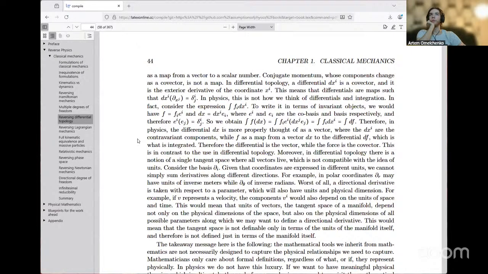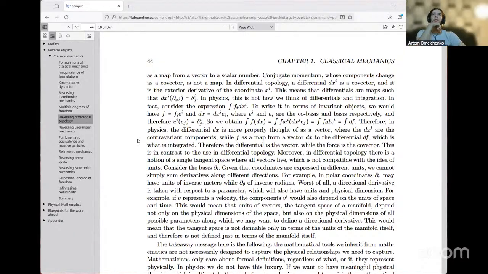And therefore we have the Kronecker delta. So we obtain, and we expand. So you have f applied to dx, then you expand f and you apply dx. You use the linearity, you take the dx^j outside, you use the fact that you have the Kronecker delta, and you get the expression f_i dx^i.